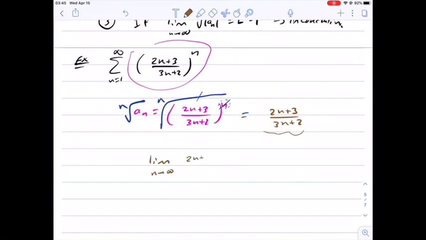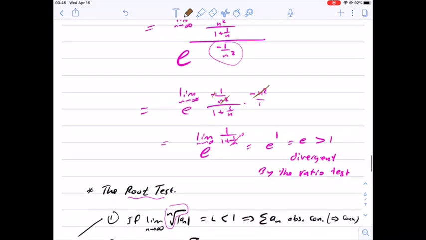Now we take the limit as n goes to infinity of this general term, and since this is infinity over infinity, one of L'Hopital's forms, we can find the derivative of the numerator and the derivative of the denominator to get 2/3.